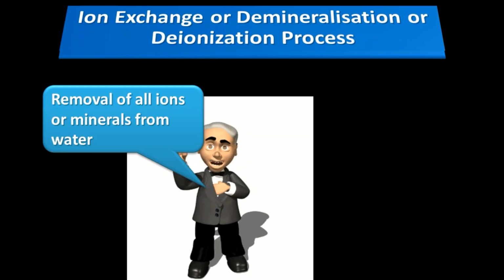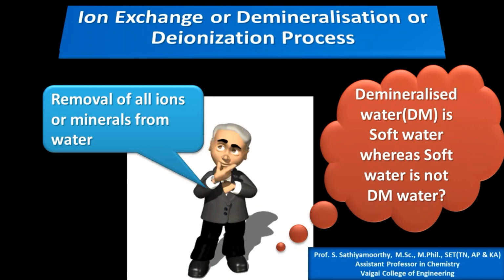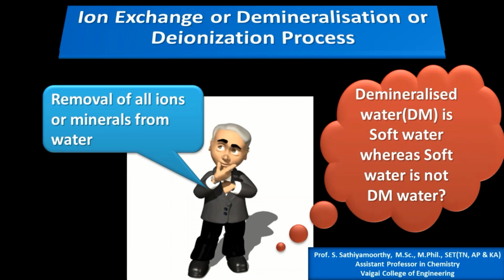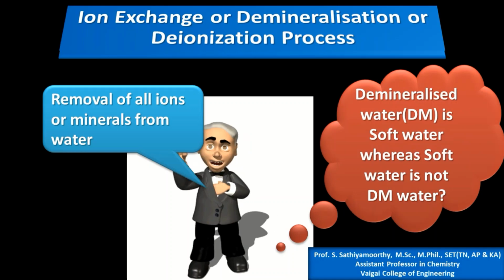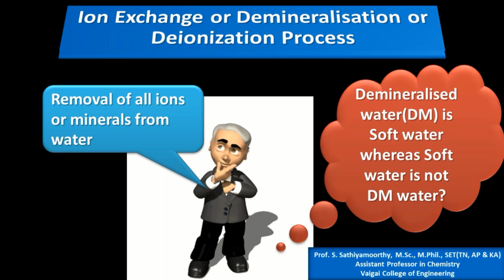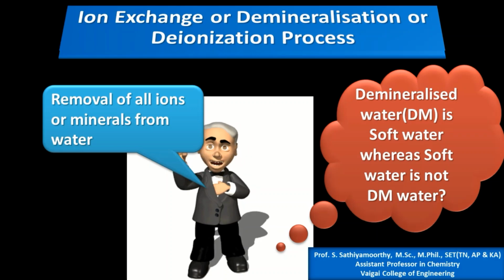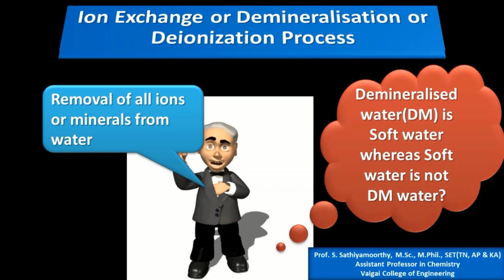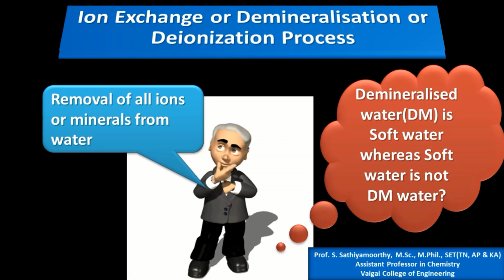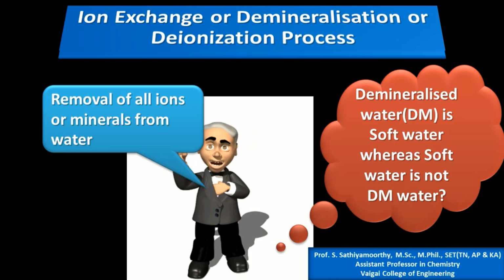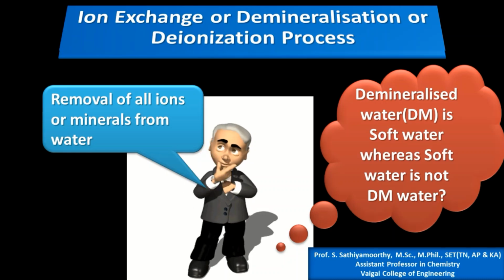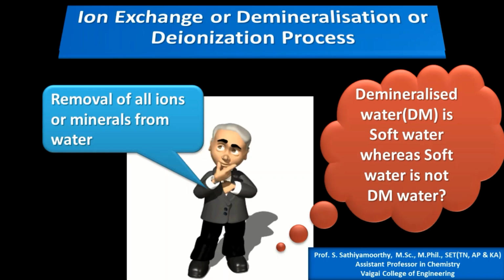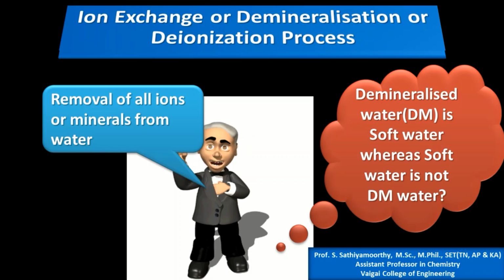Now an interesting question arises. Demineralized water is soft water, whereas soft water is not demineralized water. Why? This is a common doubt, and yes, as you guessed, demineralized water is soft water. Because in demineralized water there are no ions, including calcium and magnesium ions, we can say that it is soft water.